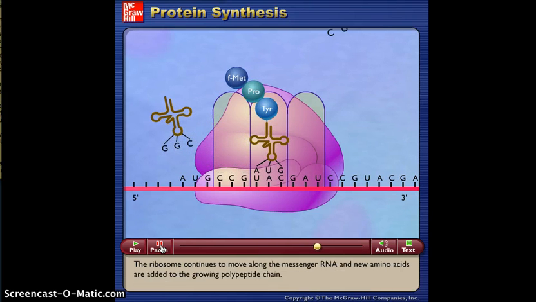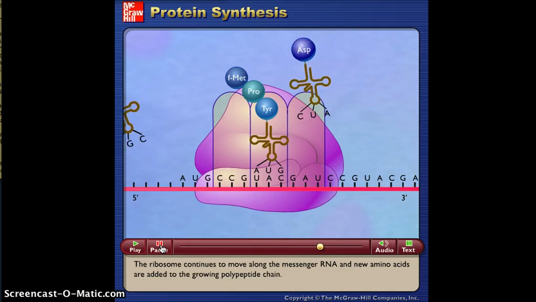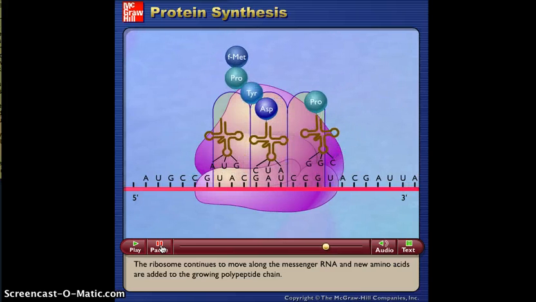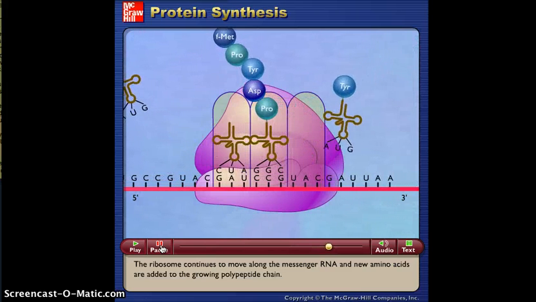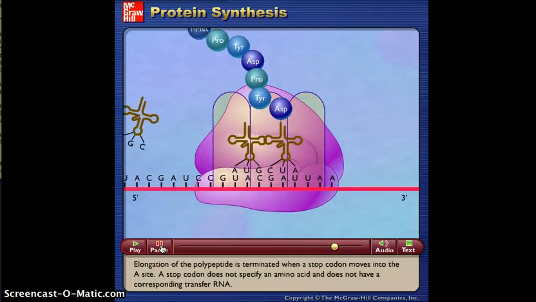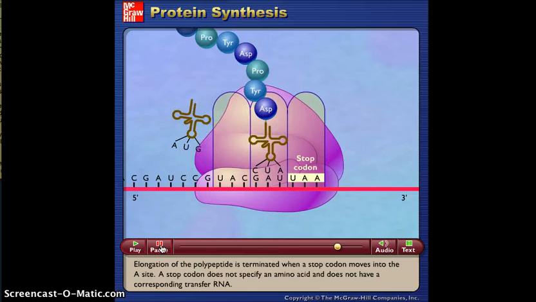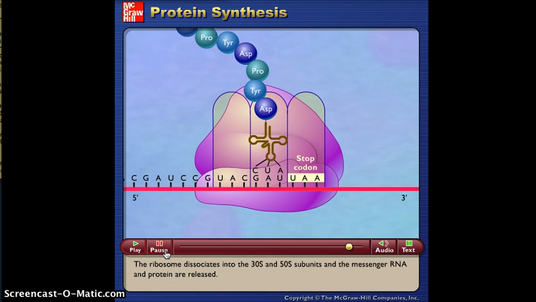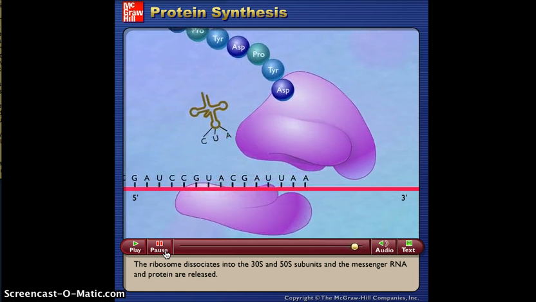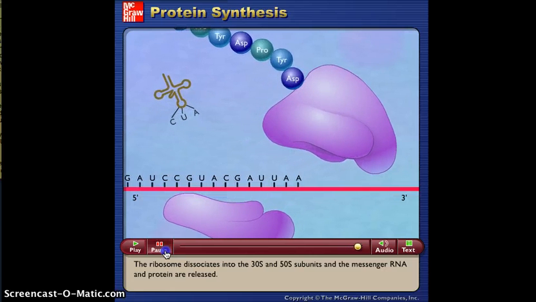The ribosome continues to does not specify an amino acid and does not have a corresponding transfer RNA. The ribosome dissociates into the 30S and 50S subunits, and the messenger RNA and protein are released.